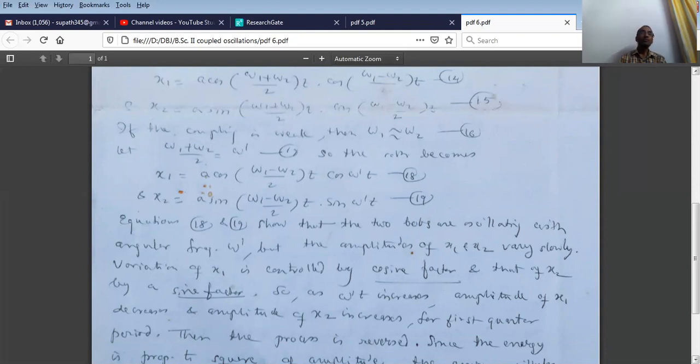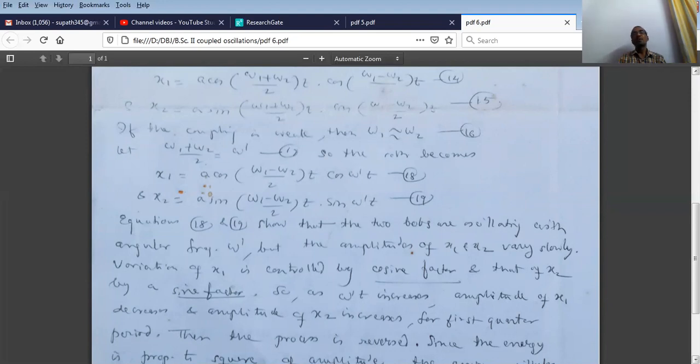So the solution becomes x1 equal to a cos ((omega 1 minus omega 2) divided by 2) multiplied by t multiplied by cos omega dash t, equation 18. Similarly, x2 equal to a sin ((omega 1 minus omega 2) divided by 2) multiplied by t and multiplied by again sin omega dash t.